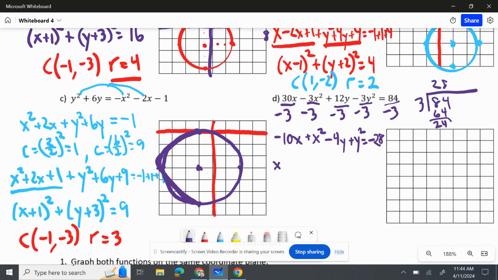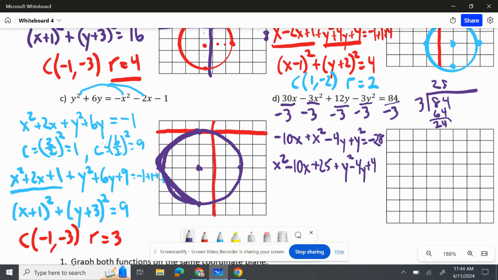And so when I factor this, I'm going to rearrange them. So I have x squared minus 10x. I'm going to do this mental math in my head, divide it by 2 and square it, and get 25. I'm going to rearrange it, y squared minus 4y, divided by 2 and square it. And then that's equal to -28.